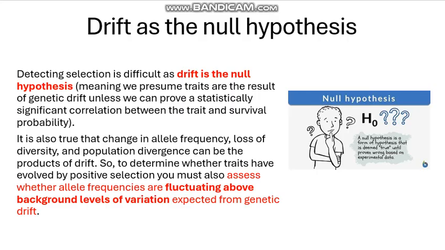It's also true that a change in allele frequency, loss of diversity, and population divergence can be products of drift. So to determine whether traits have evolved by positive selection, you must also assess whether allele frequencies are fluctuating above background levels of variation expected from genetic drift.